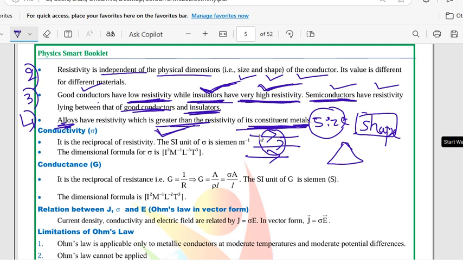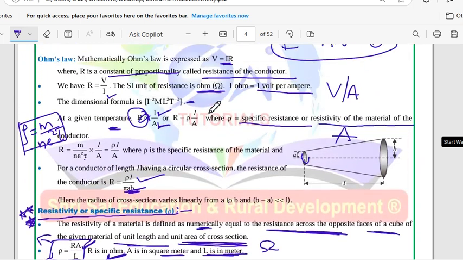So if you compare the resistivity of the two materials, one alloy and one metal, the resistivity will always be higher in the case of alloys, and lower in the case of metals. So this is all about the resistivity.